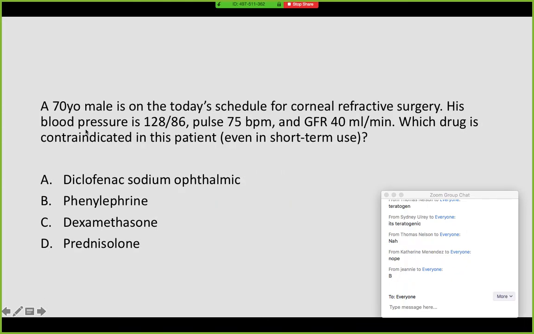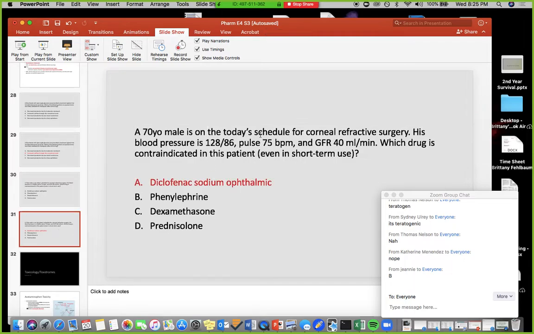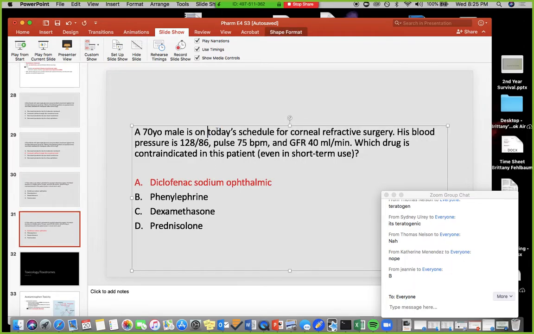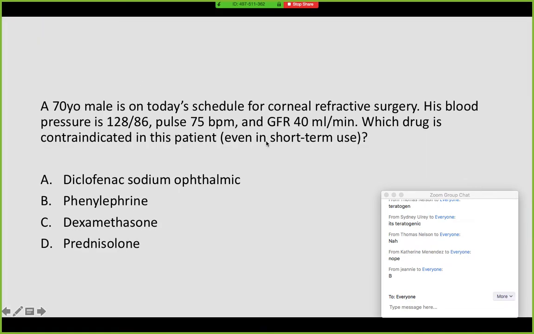Okay, so a 7-year-old male. Sorry, typo. Is on today's schedule. Oh, I just gave you the answer. Okay, so he's on today's schedule for corneal refractive surgery. His blood pressure is a little high, normal pulse, GFR is 40, so he has renal problems.